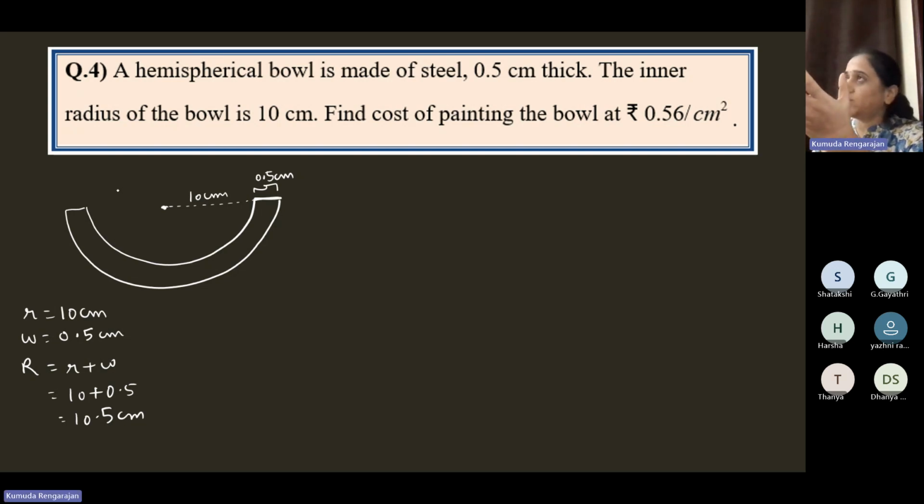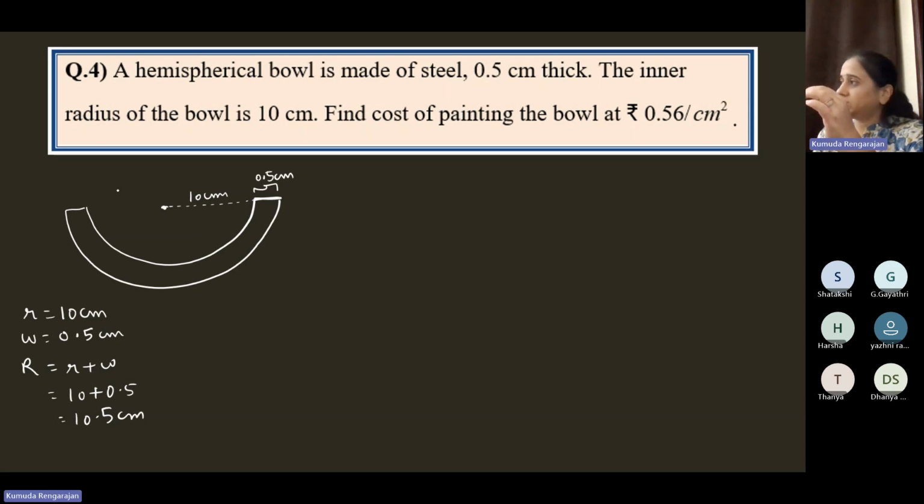Imagine you're holding the bowl. You have to paint the outer curved surface, then the inner curved surface. You have a bowl in your hand, and you have to paint the bowl all over.